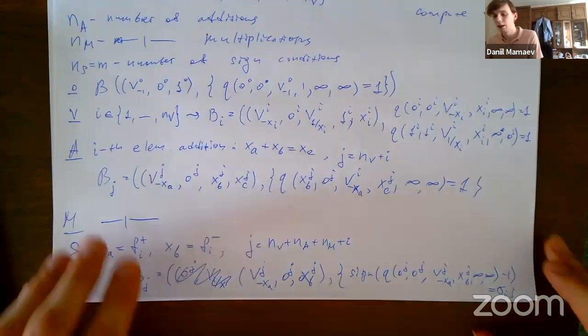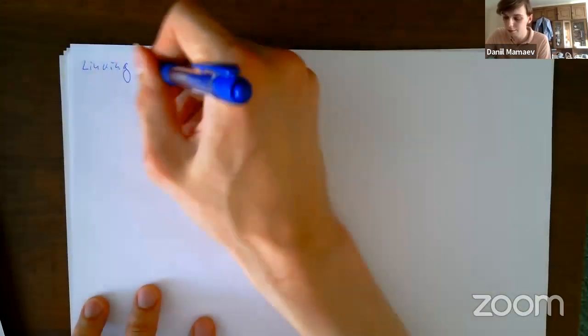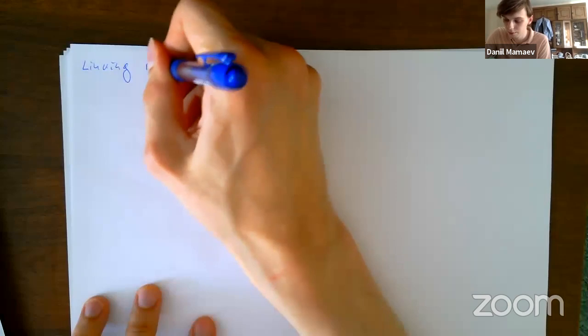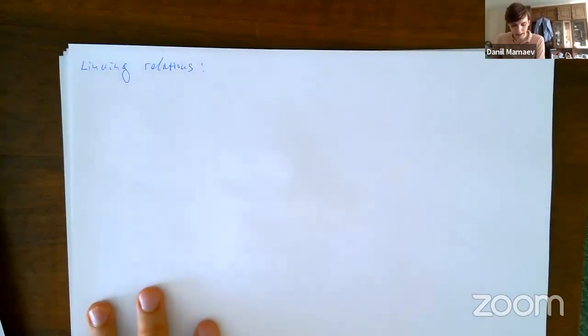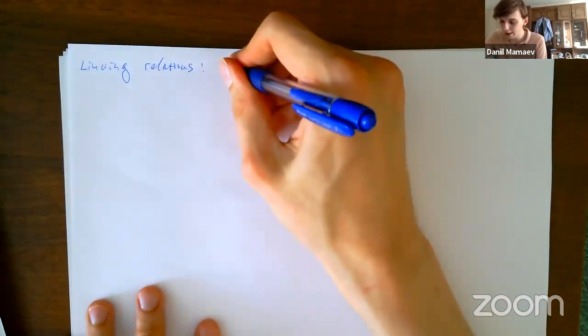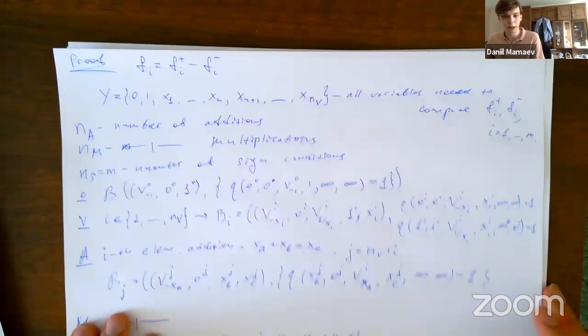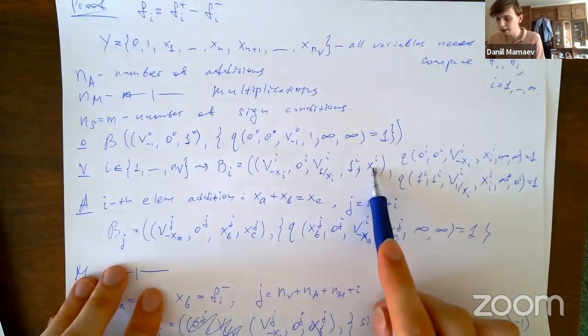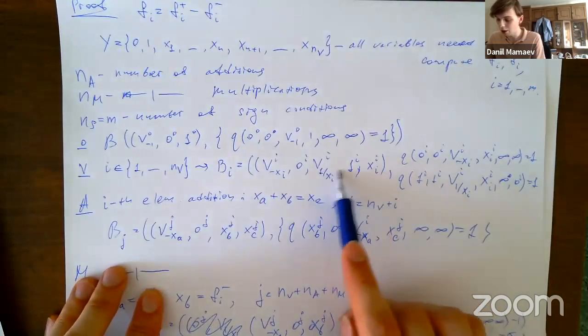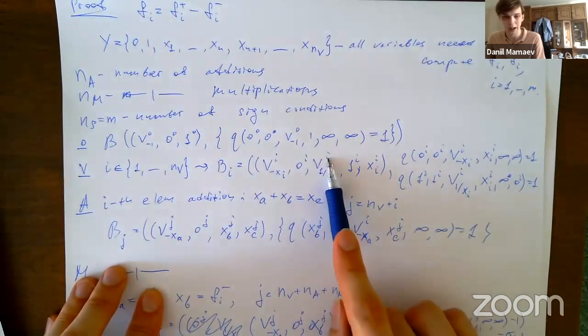For this, we introduce linking relations. Basically, this variable w can be some xi or 1i or vi.